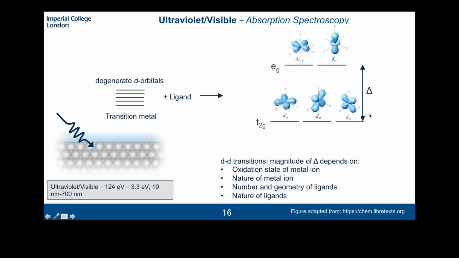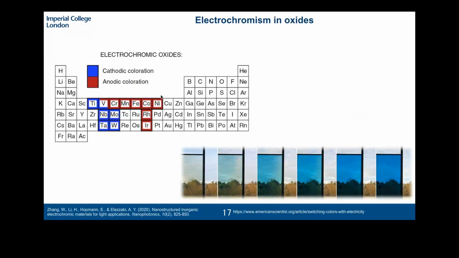The magnitude of this delta, which governs these different d-d transitions, can depend on the oxidation state of the metal ion, the nature of the metal ion, and the number, geometry and nature of the ligands that you have for your specific complex.